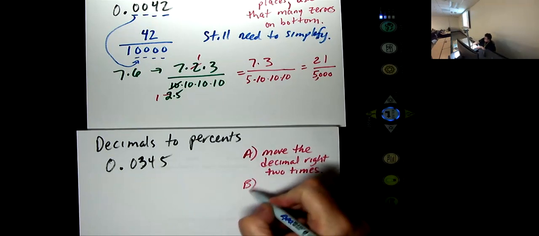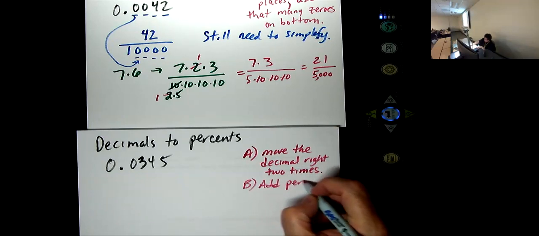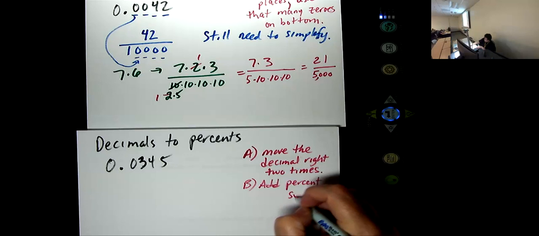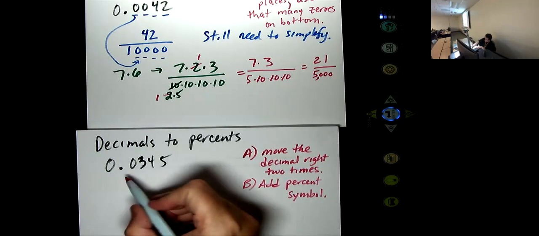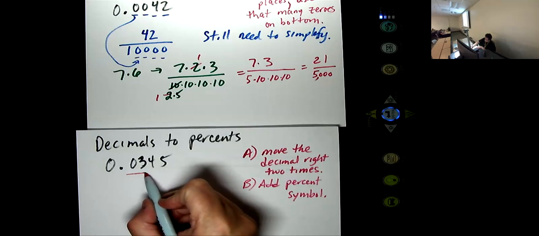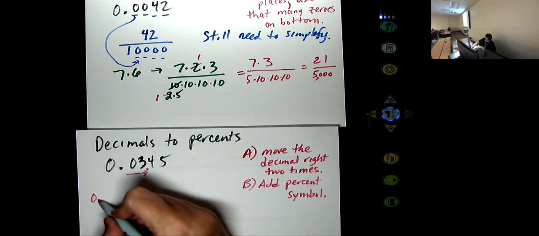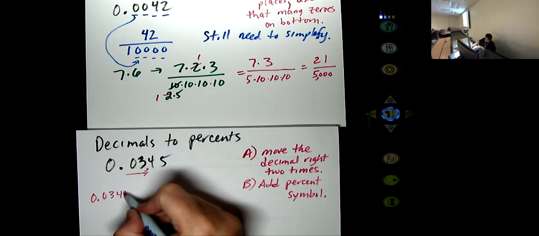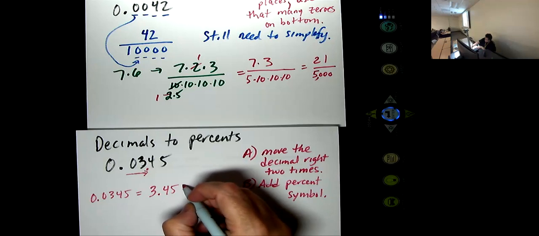B, add the percent symbol. Here, I will move it right 2 times. It'll go right there. So 0.0345 turns into 3.45, and then I add the percent.